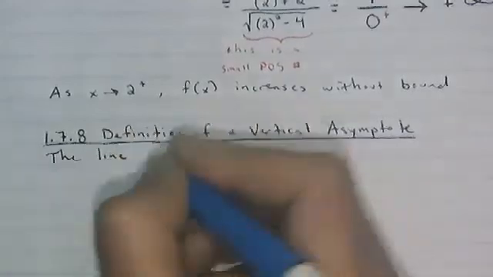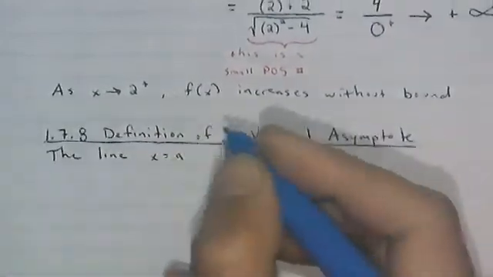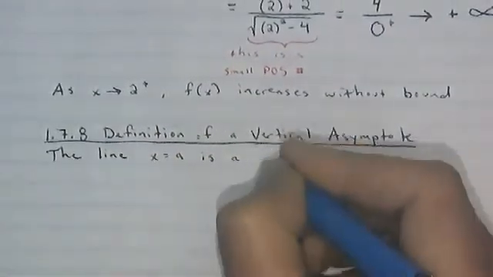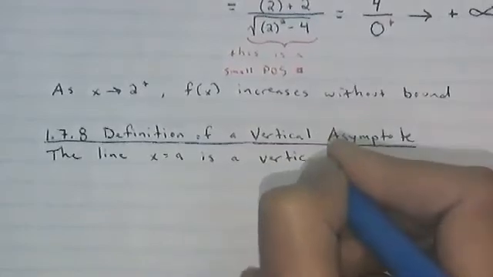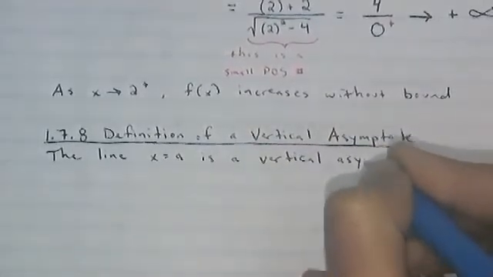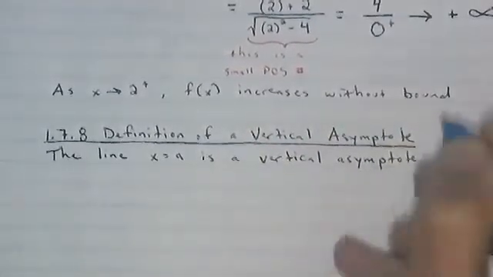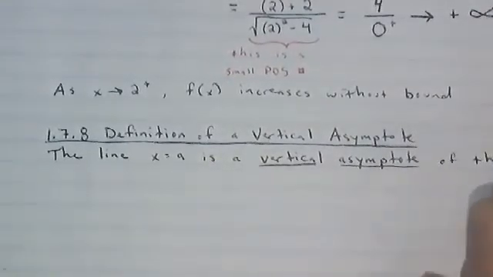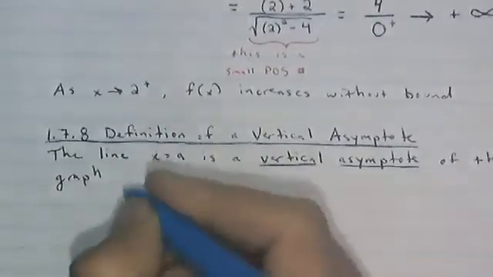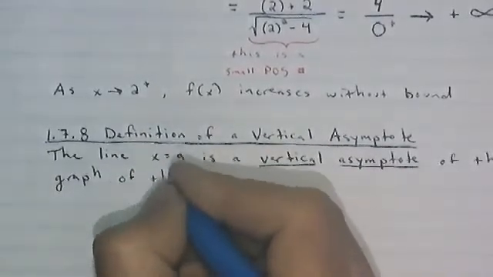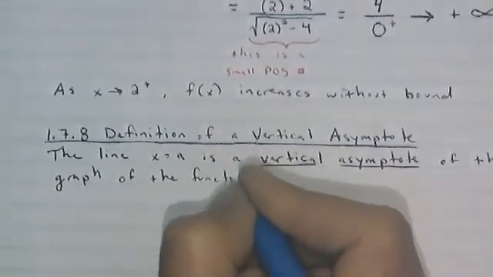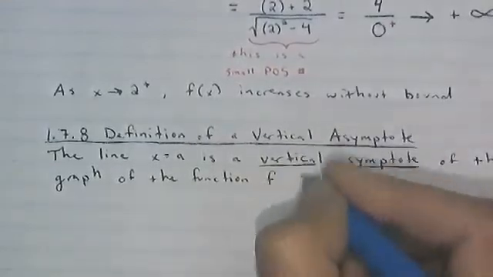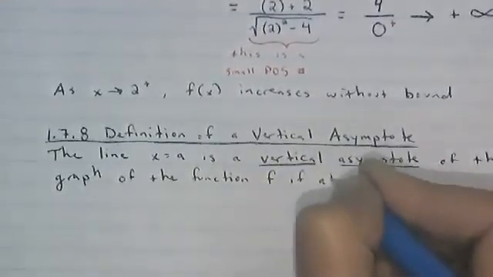So the line x equals a is a vertical asymptote of the graph of the function f if at least one of the following is true.